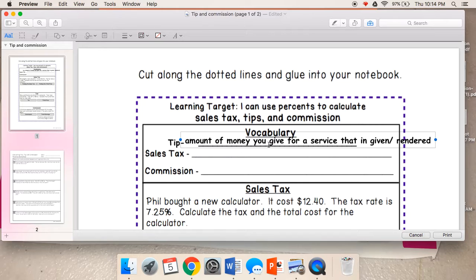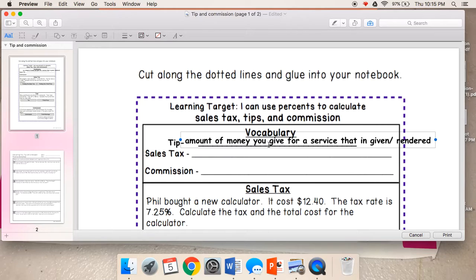Some other places that you might give a tip is if you get your nails done or your hair done at a salon. Most of the time you give a tip on top of what you pay. If they do a good job, you give them a little bit of extra money.